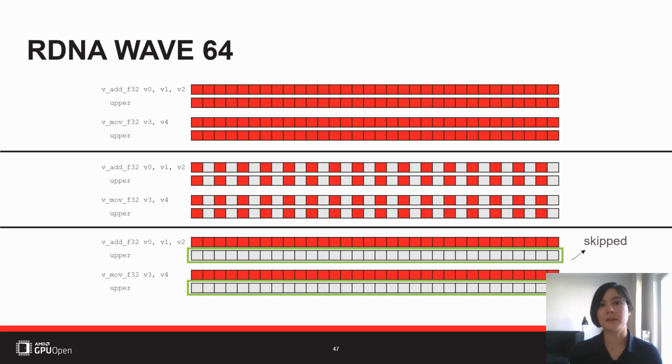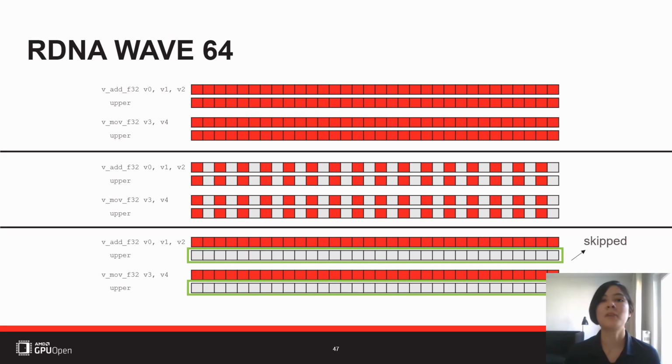Interesting is now the last example where we have also half of the threads inactive, but the first half of the whole wavefront is active and the second half is inactive. So this means the lower part here is active, the upper part is inactive. And the cool thing is on RDNA now, if either the complete lower part is inactive or the complete upper part is inactive, we can skip it.